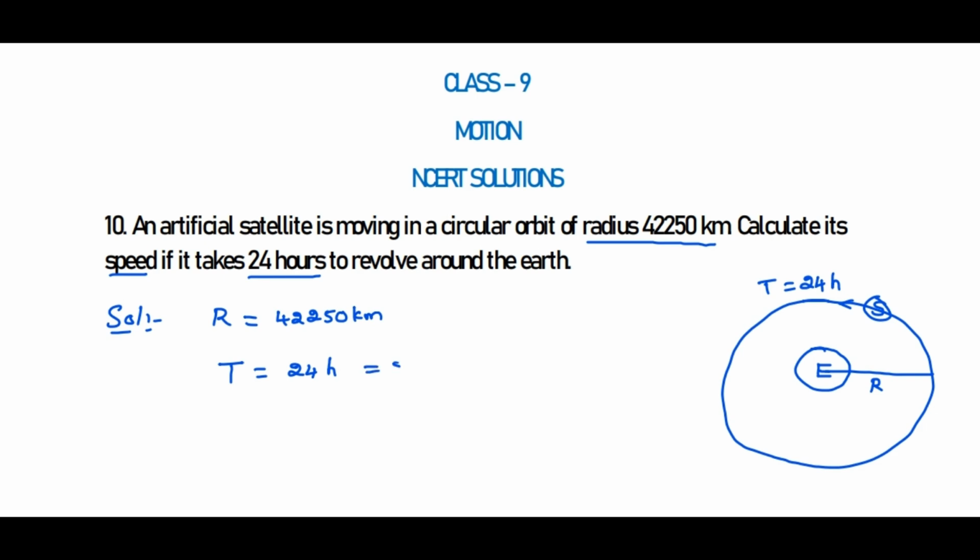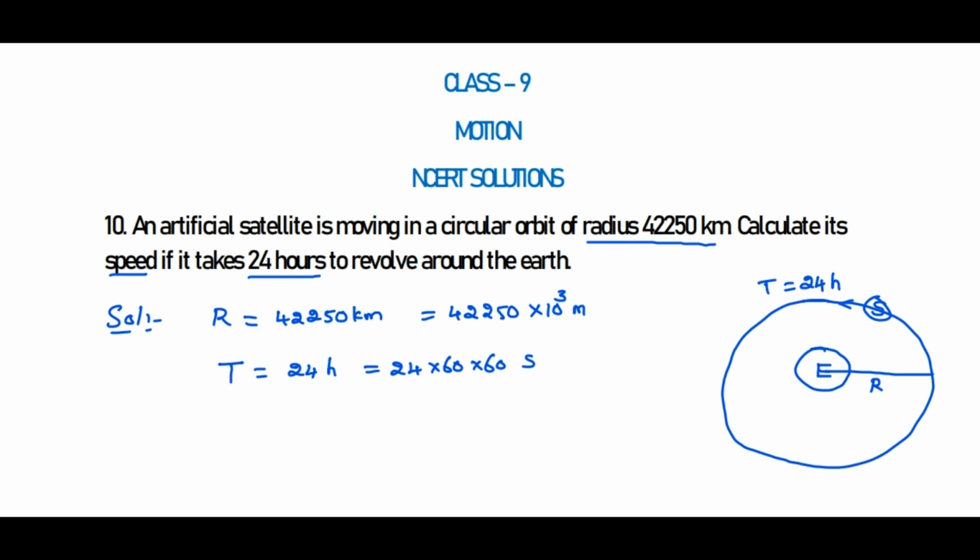We can write this 24 hours as 24 into 60 in terms of minutes, into 60 in terms of seconds. And the radius is 42,250 into 10 power 3 meter. We have written kilometer in terms of meter.